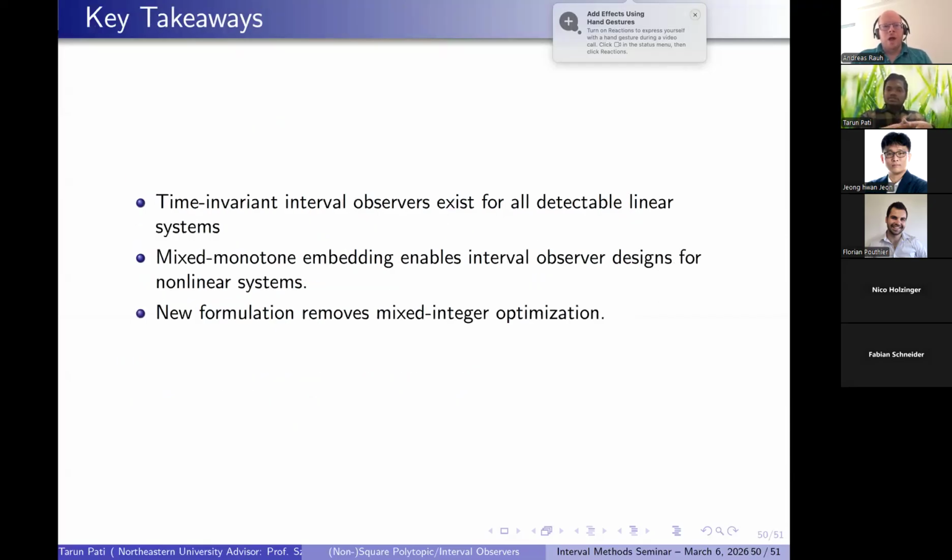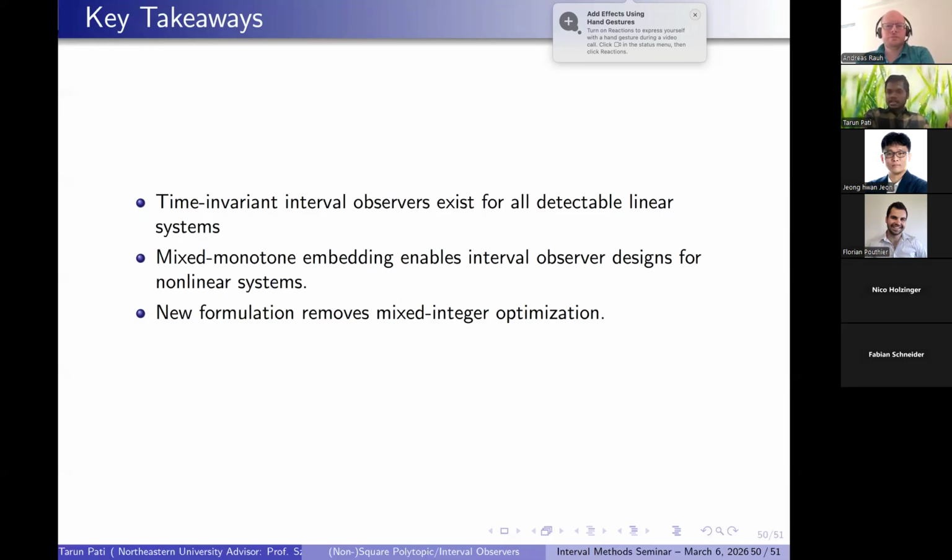So this concludes my presentation of two topics. The key takeaways are that in the first method we proposed a time invariant interval observer, and we showed that such observers exist for all detectable linear systems, which is a nice guarantee that classical observers have for linear systems.